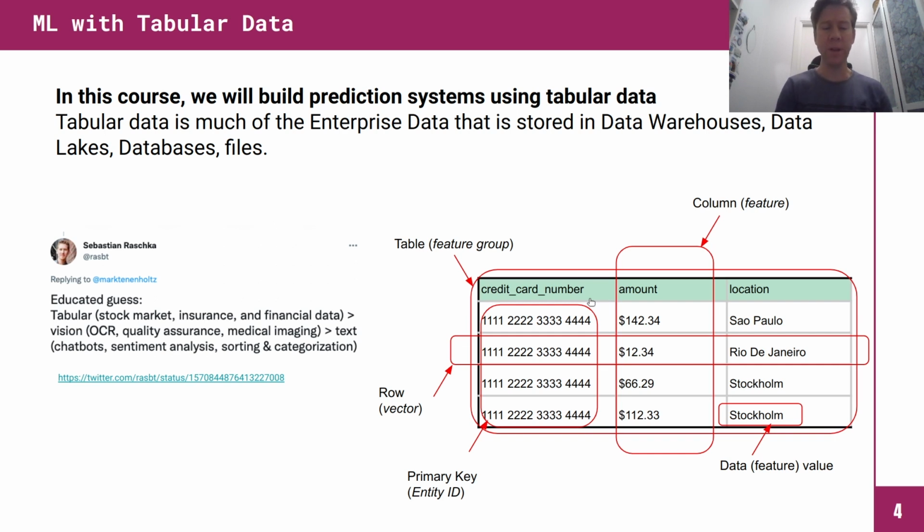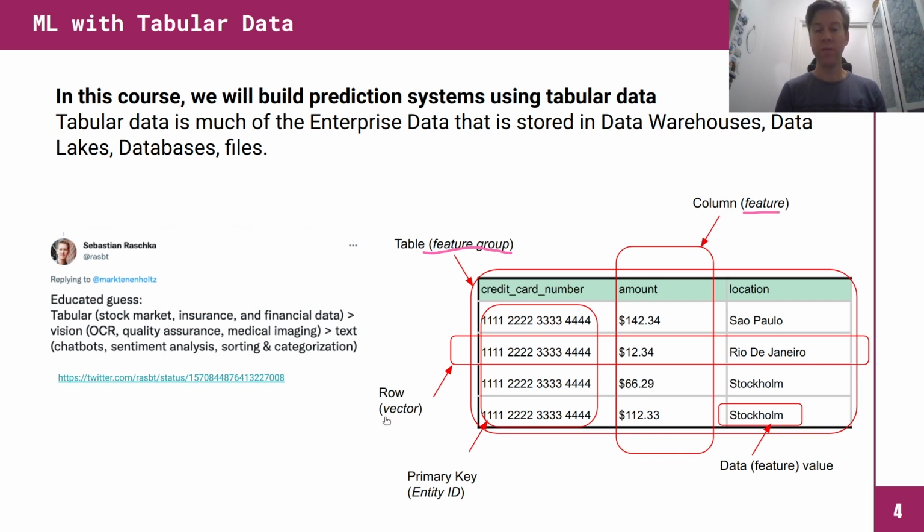Now, if you look at the terminology we have for tabular data here, we have the term table, but we also have, you can see in parentheses, the word feature group. So in this course, we're going to use some of the terminology from what we call feature stores, and feature stores store these features in tables. And in the feature store terminology, we use the word feature group to represent a table. A column will be referred to as a feature.